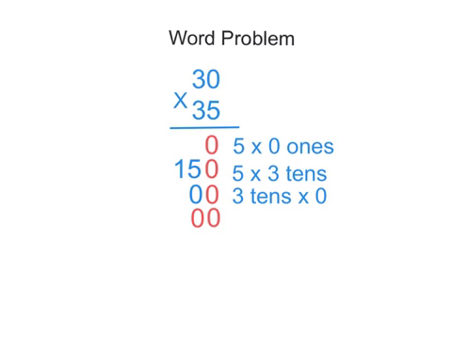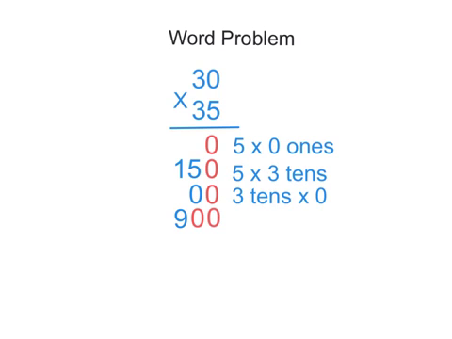Now we move over to multiply 30 times 30. But before we do that, we have to put zeros in the ones place and the tens place to show that we are now moving along to the hundreds place.